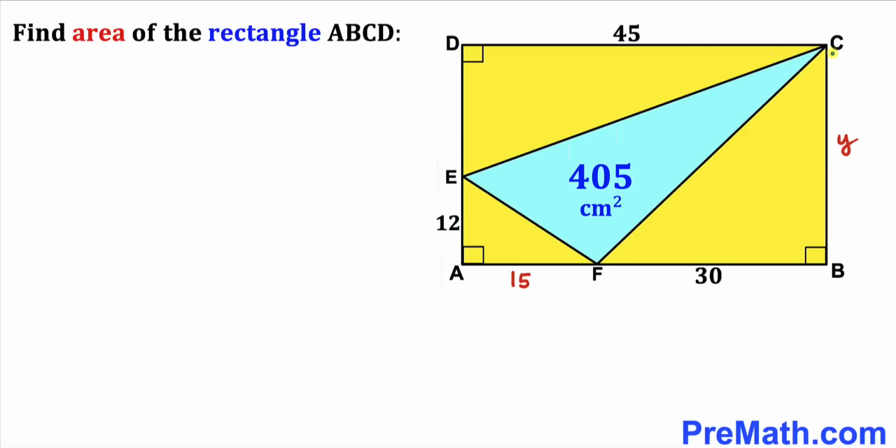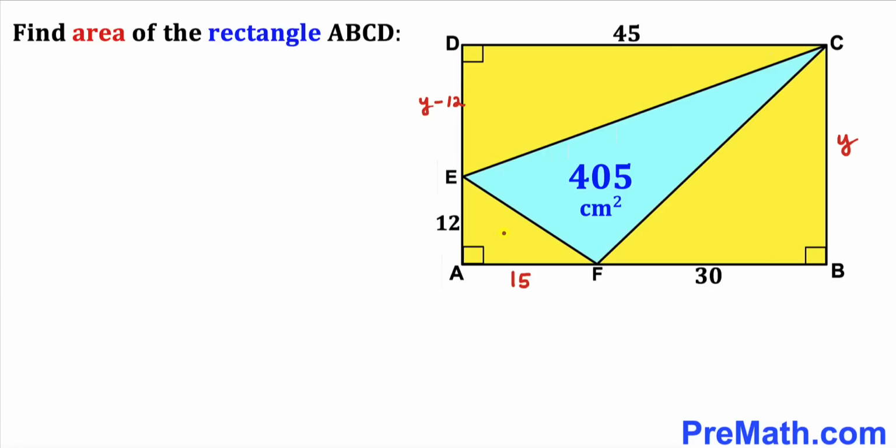And now we know that this side length BC is y. So this side length AD is going to be y as well. So this vertical side length ED is going to be y minus 12.